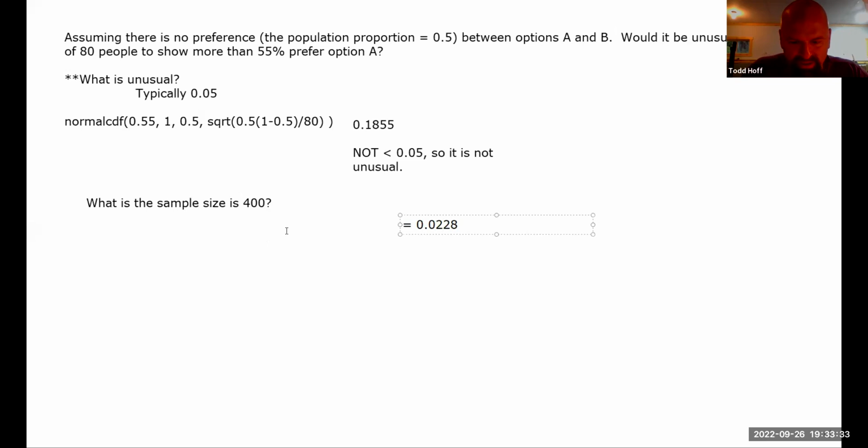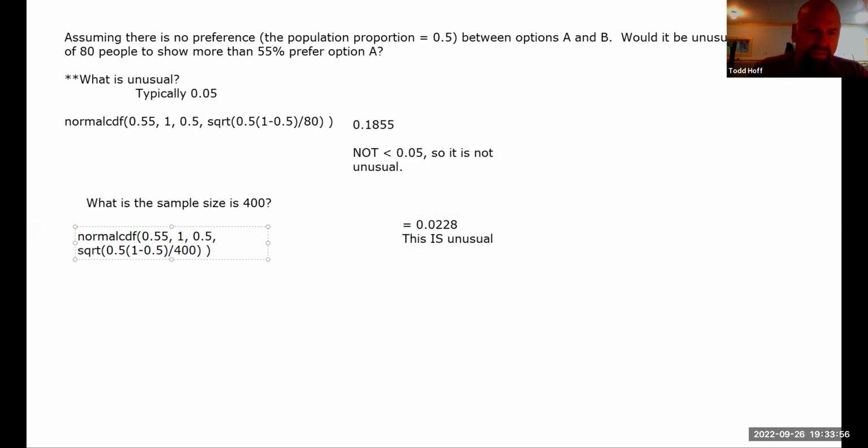So that is unusual. So I'll put the command here. All that changes is the 400 instead of 80. Okay, so we'll move on from that.